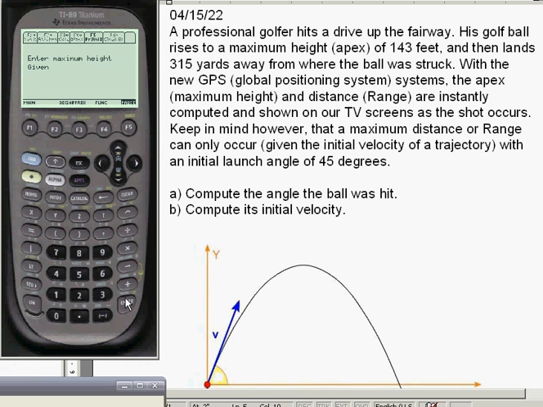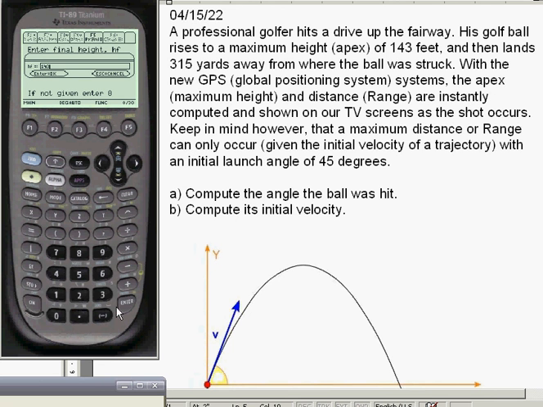You have to press alpha first in all my programs to put in the entry lines of the program. Press alpha first, and then what is it, 143 feet.